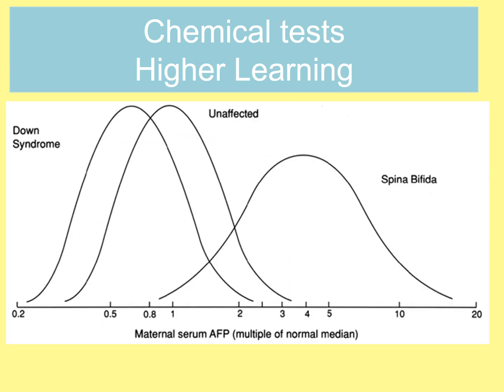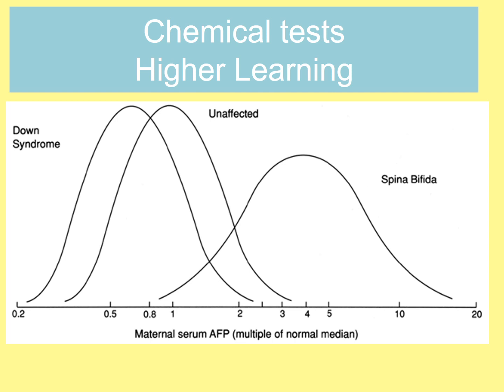It is possible to assess the probability of a Down syndrome fetus using some screening tests. The most common one is a blood test for alpha-fetoprotein, which is shown on your screen. During pregnancy, alpha-fetoprotein, otherwise known as AFP, is produced by the fetus and its concentration in the mother's blood increases.